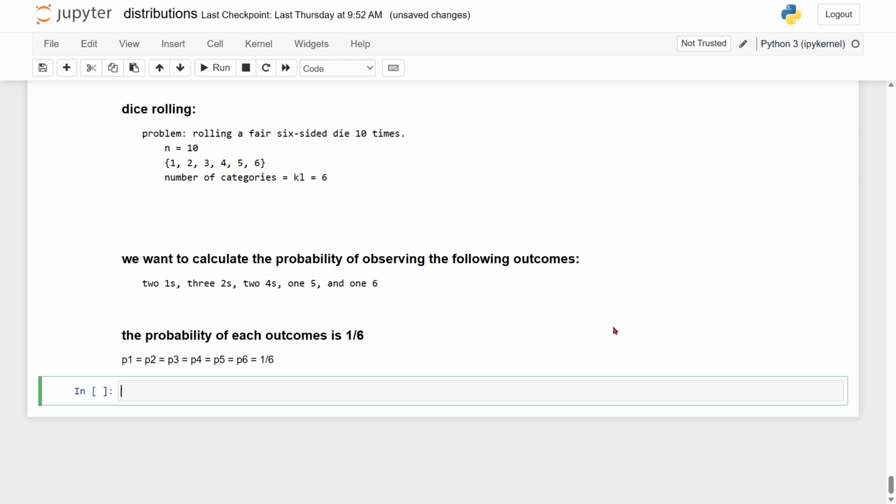Now, using the multinomial distribution formula, you just replace those things. What combination do we want? x1, how many times do we want it? x1 we want 2, x2 we want 3, x3 we want 1, and x4 we want 2.